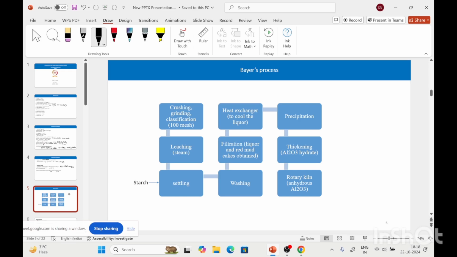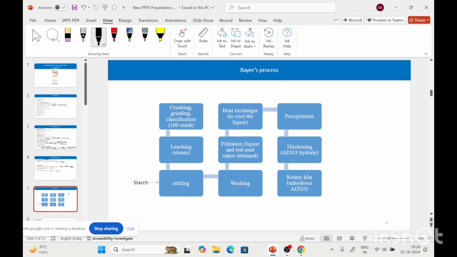In the Bayer process, first the bauxite ore is fed to crushing, grinding and classification up to 100 mesh to reduce the ore size. Then that crushed and classified ore material is fed to the leaching chamber, in which steam is provided.